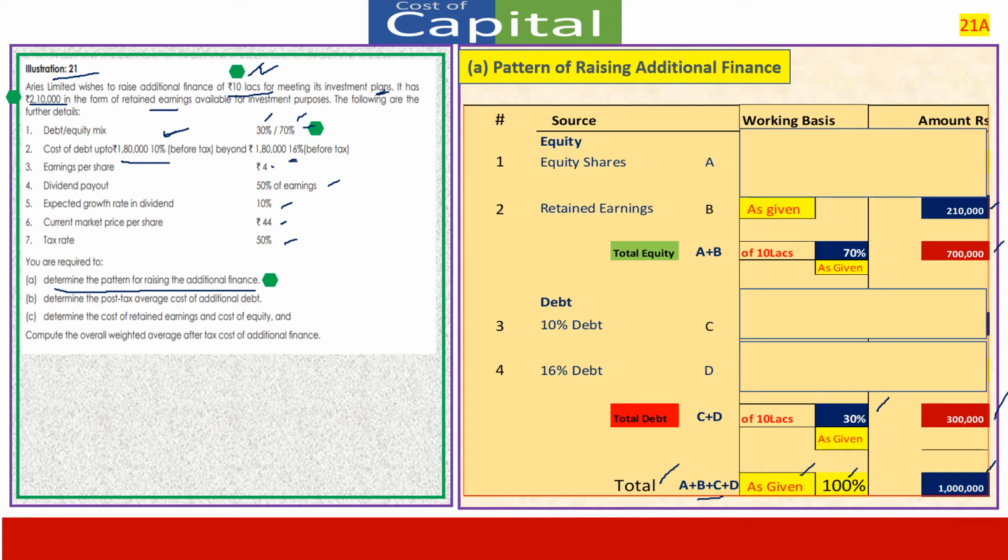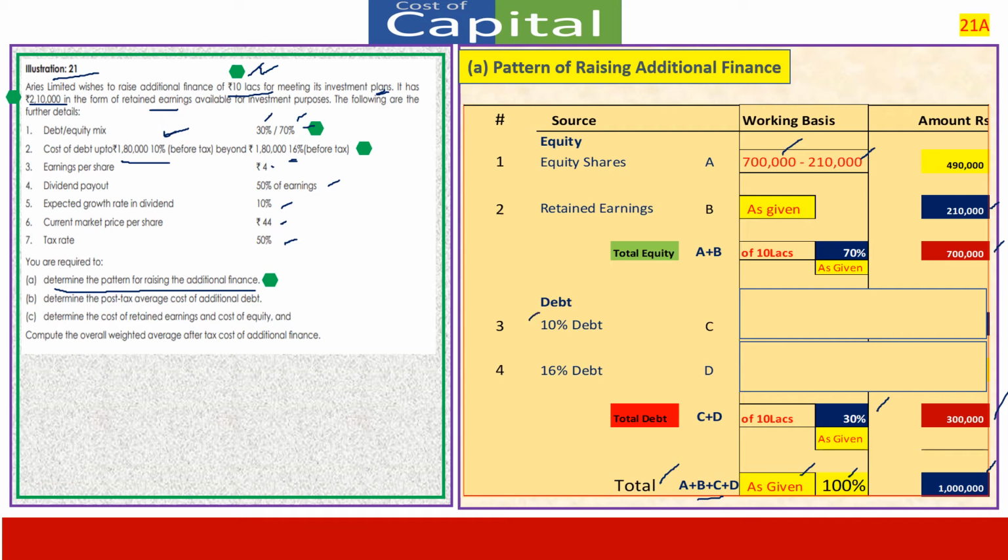We know for sure. Equity means equity shares plus retained earnings. Retained earnings are 2,10,000. 7 lakhs is total equity. Difference has got to be equity shares. 7 lakhs minus 2,10,000 is equal to 4,90,000. Similarly, here he says you have to take two types of debts.